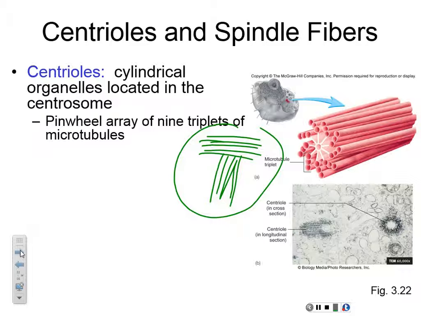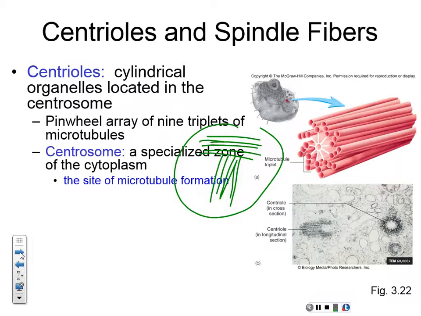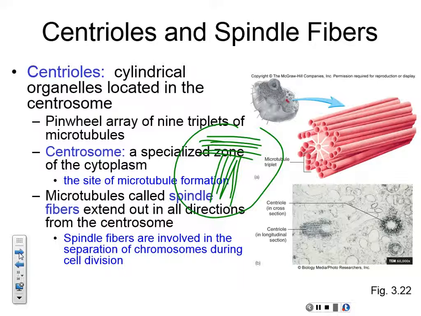So that's why they occur right close to the nucleus, right? And that area is called the centrosome. That carries those two centrioles at right angles to each other. And each one will have a triplet of those tubulins. Right? And then you get microtubules that form the spindle fibers, hence the location by the nucleus, because they will line the chromosomes at the equator during cell division.